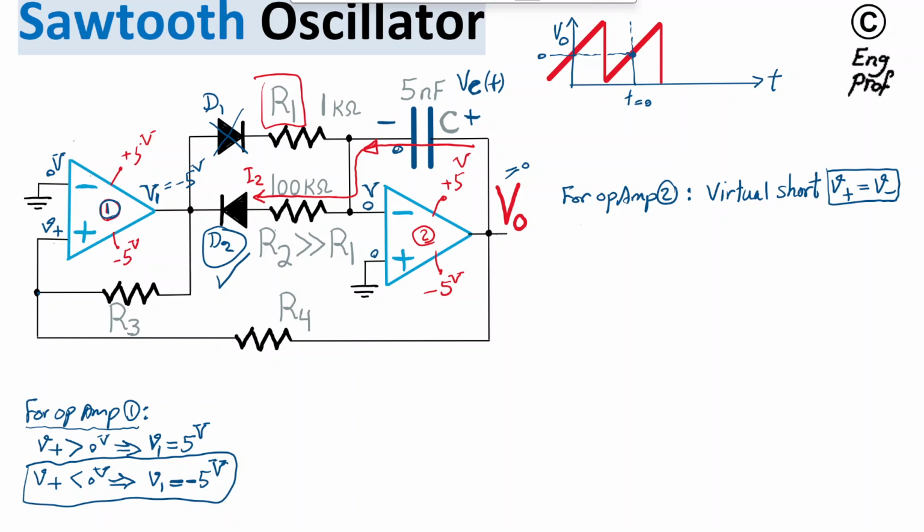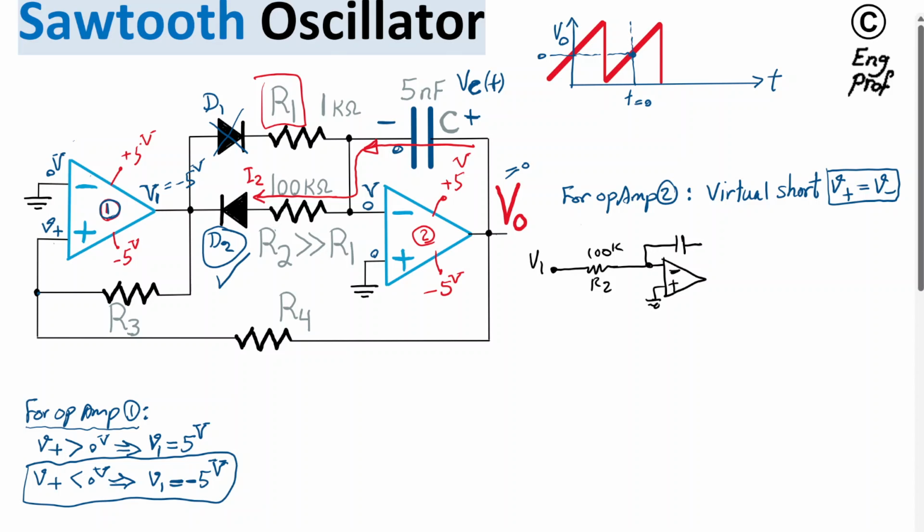So all I'm saying is, from the perspective of op-amp number 2, the situation we are dealing with is this. We have V1 at the output of op-amp 1 connected to 100K, R2, and then this goes to the negative input terminal of op-amp 2, and from there, via a cap of 5 nanofarad, it goes to the output Vout.